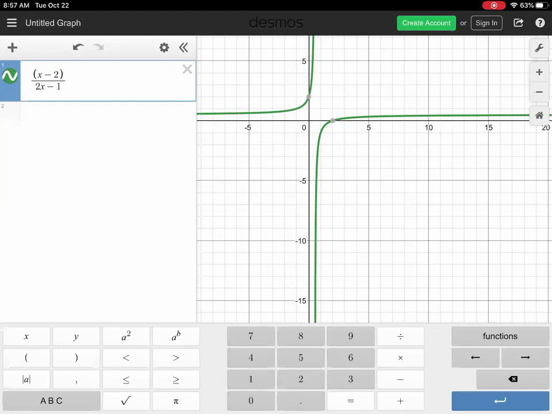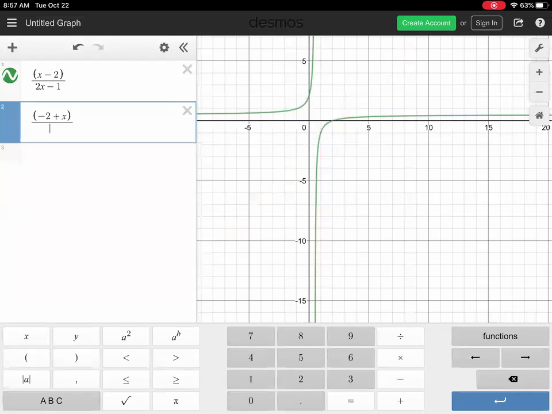There's my original function. And then the inverse was, all in brackets, -2 plus x divided by 2x minus 1.